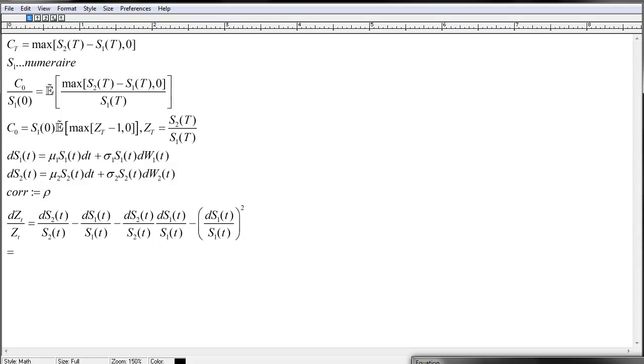So this is equal to, and now if we put these S terms to the left hand side, we get the differential with respect to S. Okay, so for the first case it will be mu1 dt plus sigma 1 times the differential of the Wiener process of the first stock, minus basically the same just for the second stock.